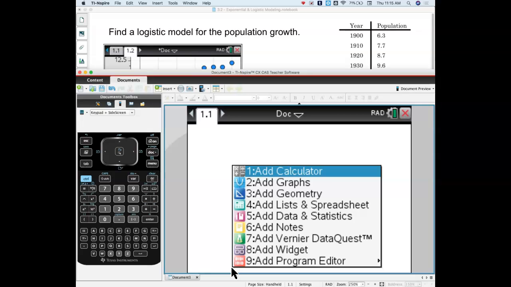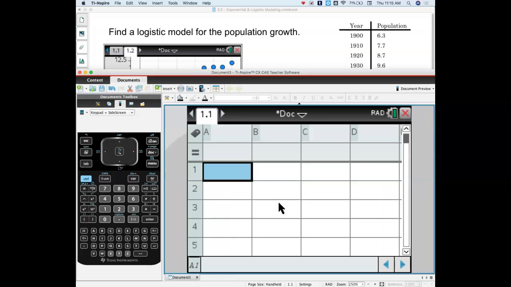Just to get you started, we're in lists and spreadsheets here. Remember, we have to title our column. I'm going to go with Y for years and P for population. There's my P for population. Am I going to go with 1900?